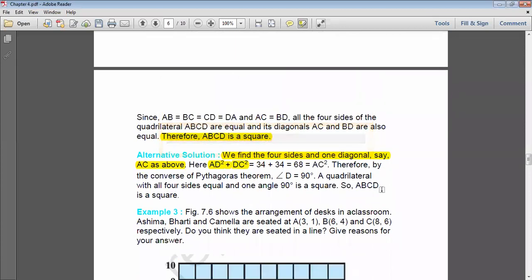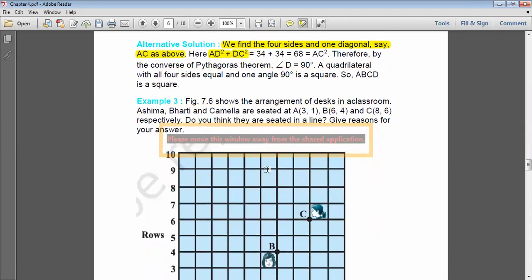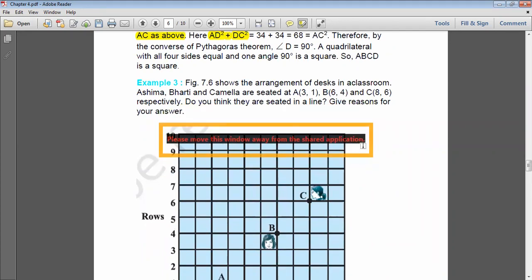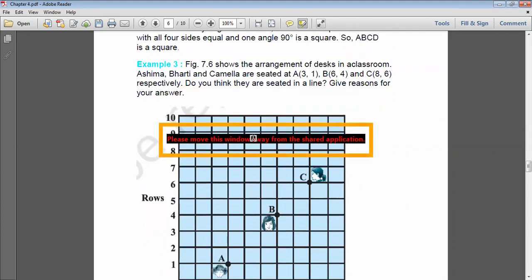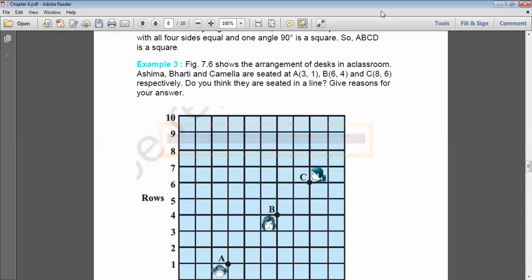Fine. Now this is another kind of question. Say you are given an arrangement of desks in the classroom. You have to check whether the seats of Ashima, Bharati, and Kamala are in a straight line. From the figure, you may think that they are lying in a straight line.